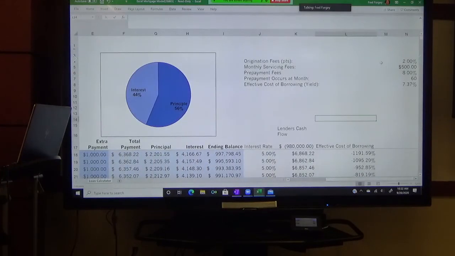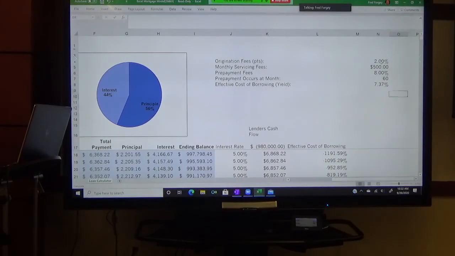But the part that we've really focused our attention on are these items over here, as we talked about today: loan origination fees or points, which you can simply put in as a percentage; monthly servicing fees, how much those are; prepayment penalties or prepayment fees, when those prepayments occur. All of those things taken together come up with an effective cost of borrowing.